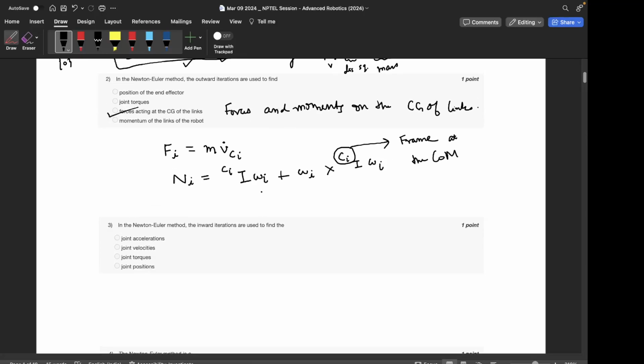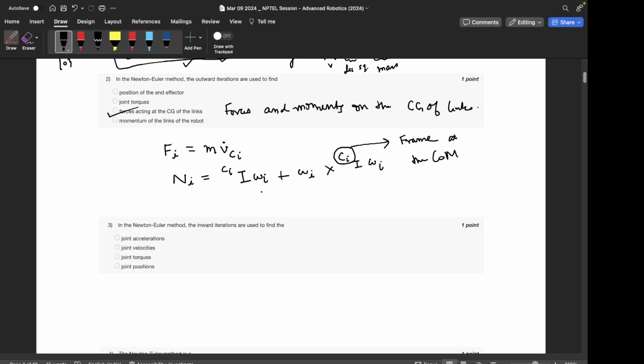Sir, here they have said CG, and CG means center of gravity, but we are talking about center of mass. So how are they equal, sir? In case the gravity does not vary across any dimension of the object, then CG and COM coincide.